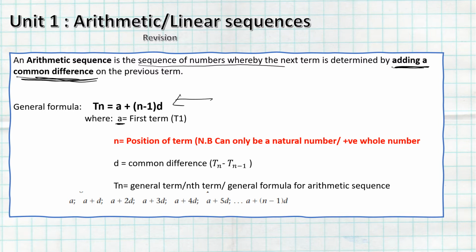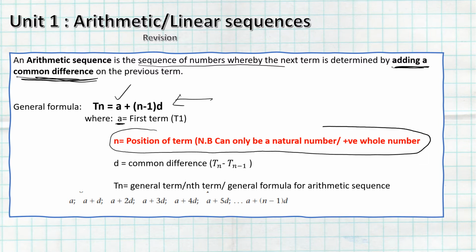Then n, which I highlighted in red, is the most important piece of information that most students are not aware of and are likely to make mistakes with.